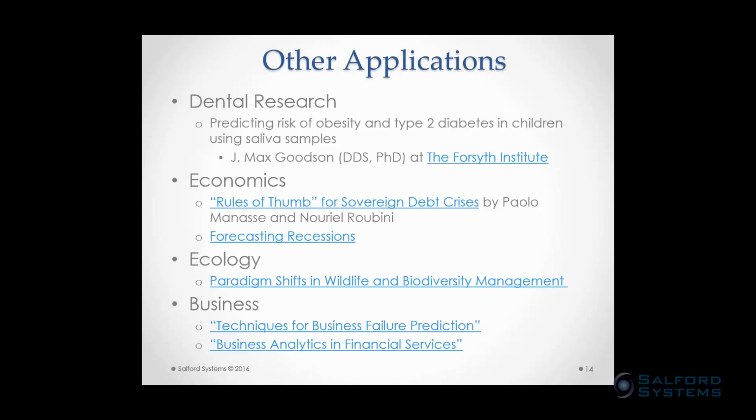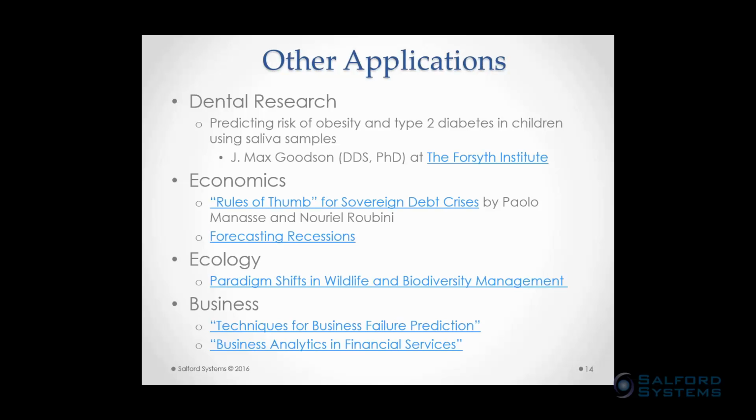Here's one example, predicting risk of obesity and type 2 diabetes in children using saliva samples. And this is from Dr. Max Goodson at the Forsyth Institute. He's doing great research with these methods, and we're actually hoping to feature him on one of our podcasts soon. So stay in touch with us to get information on those podcasts and possibly hear Max Goodson in the future.